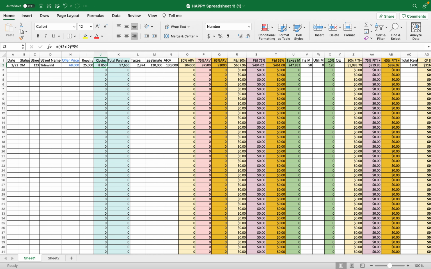Now for closing costs, I want to mention that I just put 5%. It's really different for everyone, whatever your closing cost estimate may be. How we came up with 5% is that when we initially buy them cash, the closing costs are very cheap because it's a very easy transaction for the closing company.